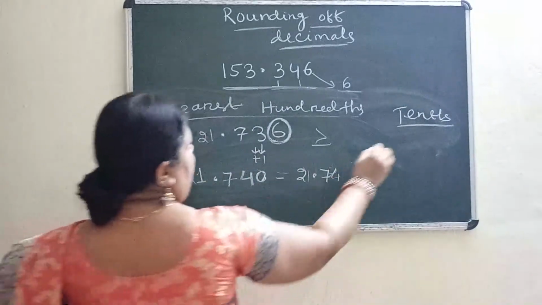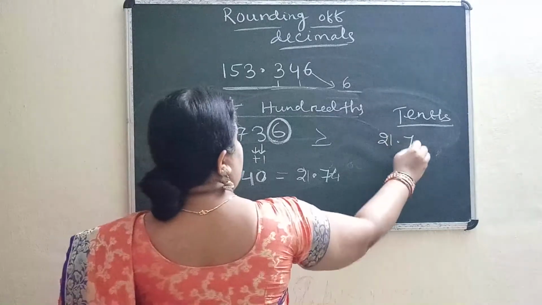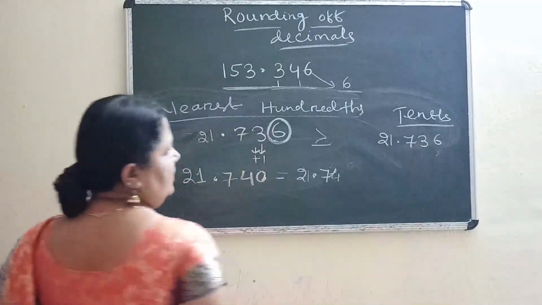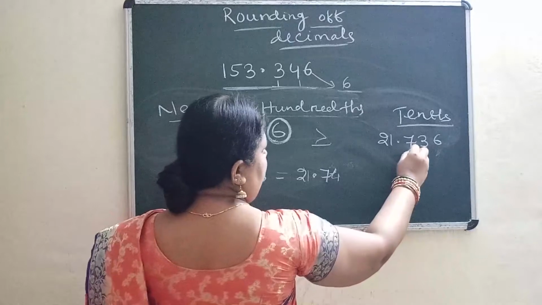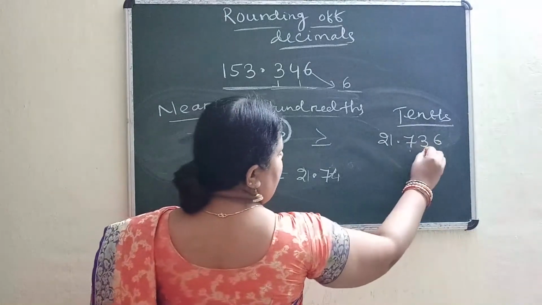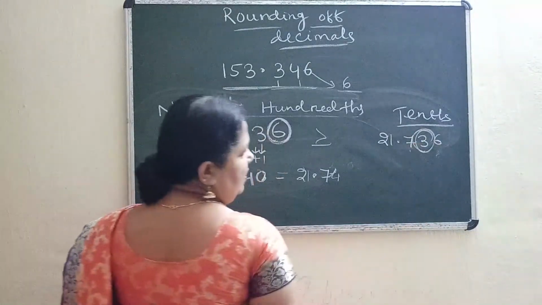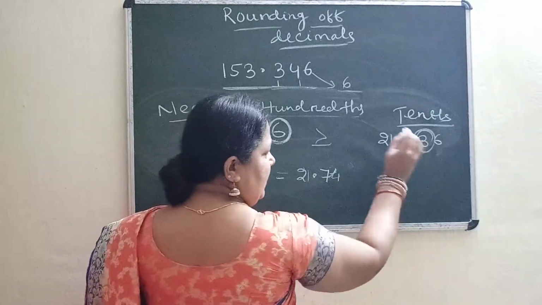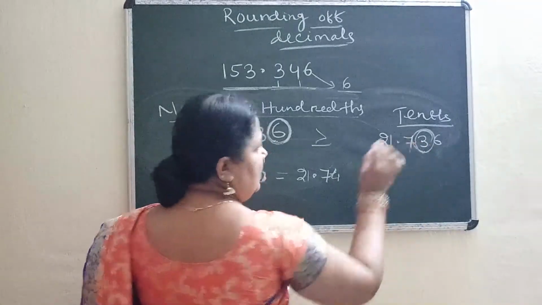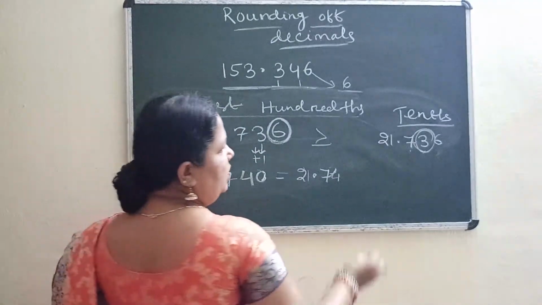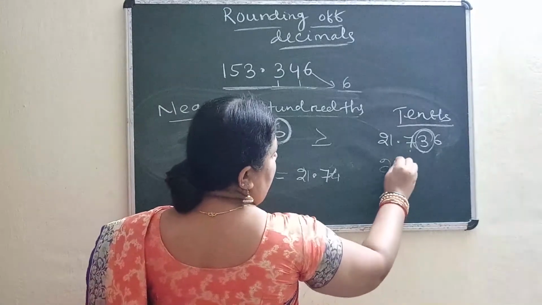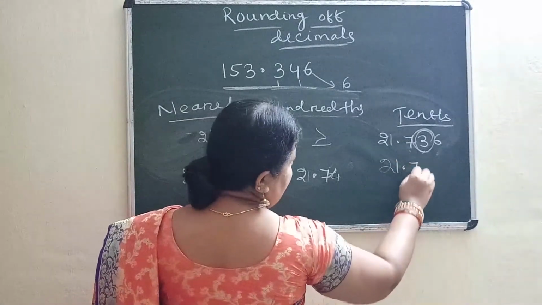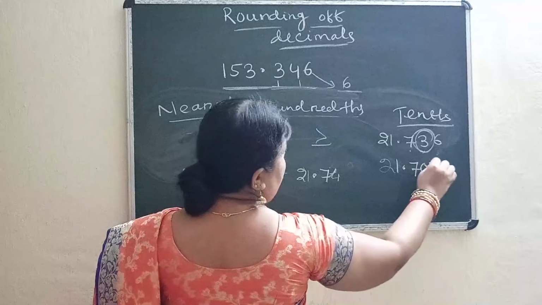Suppose nearest tenths, this same number 21.736. Tenths place is this one. Yes, nearest tenths place means this first one after the decimal point. So you will check the next place. So according to our rule, this is less than 5. Then what to do? This one will be 21.700.